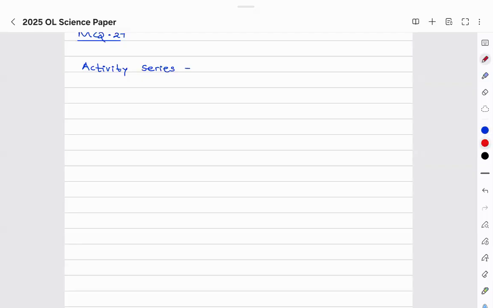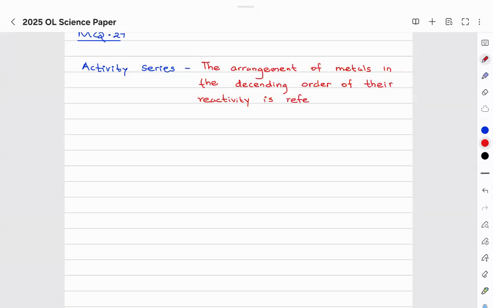So we know that the arrangement of metals in the descending order of their reactivity is referred to as the activity series, right?